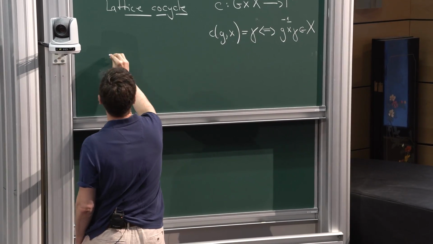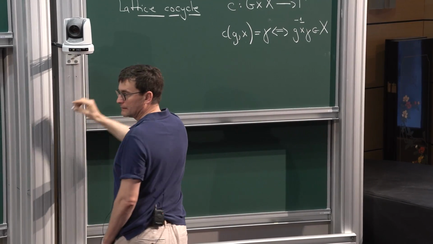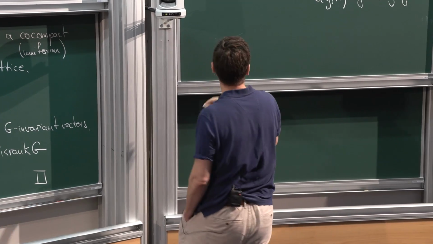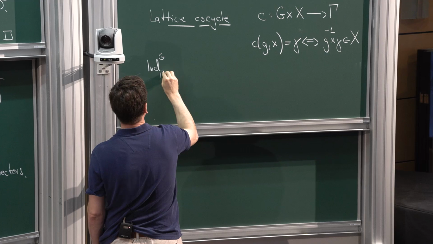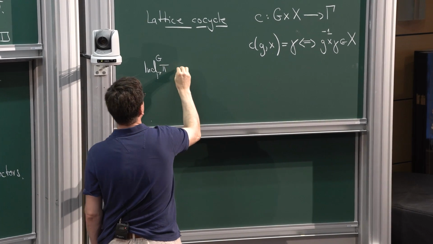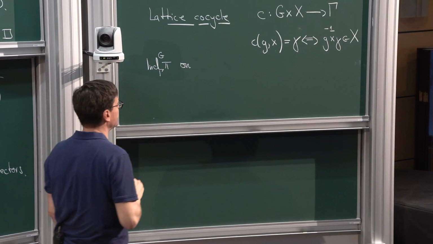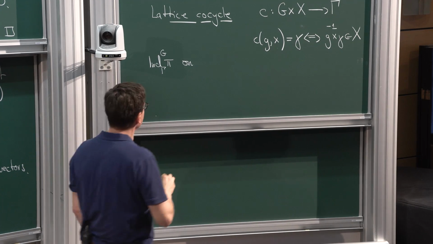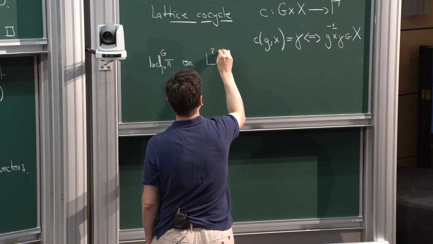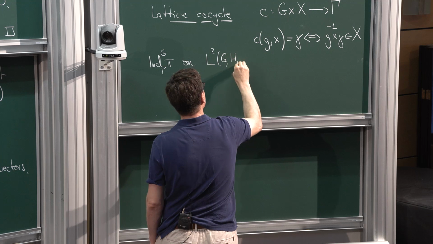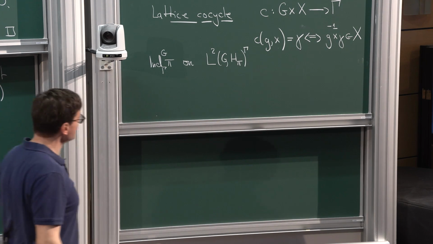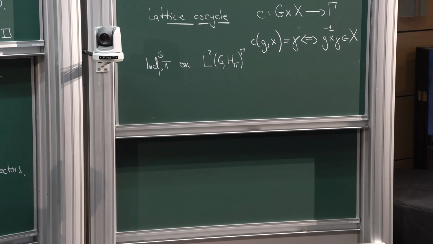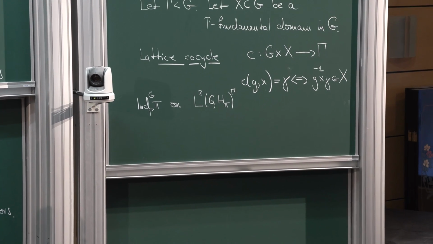So first of all, we should look again at this induction. What is it? Let's remember. This is a unitary representation on the following Hilbert space. It's an L2 space of functions from G to H_pi, the underlying Hilbert space of pi, that satisfy an equivariant condition.